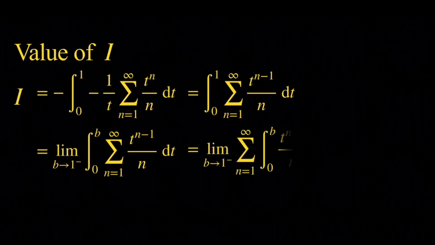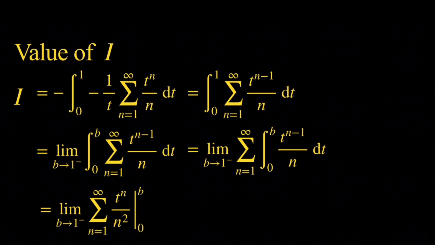So let's do that. We can switch and then we can integrate. As we integrate, we get the limit as b approaches 1 from the left of the sum as n goes from 1 to infinity of t to the n over n squared. Now we're going to evaluate this between 0 and b.